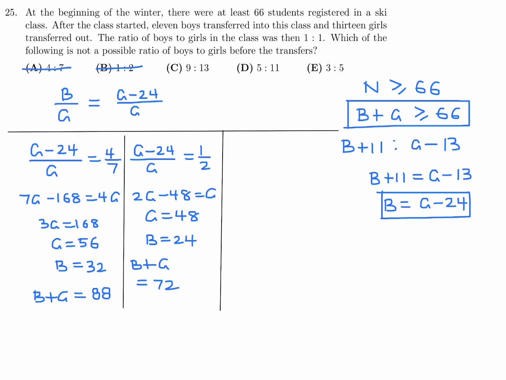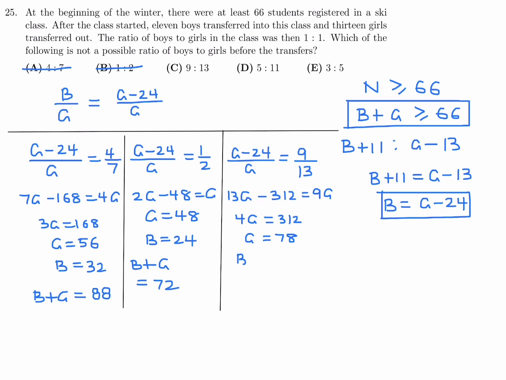So our next one is 9 over 13. So same thing, g minus 24 over g is 9 over 13. Let's see if this works. All right, 13g when you cross multiply minus 312 is 9g, and that means 4g is 312, and that means g is 312 divided by 4, which is 78.